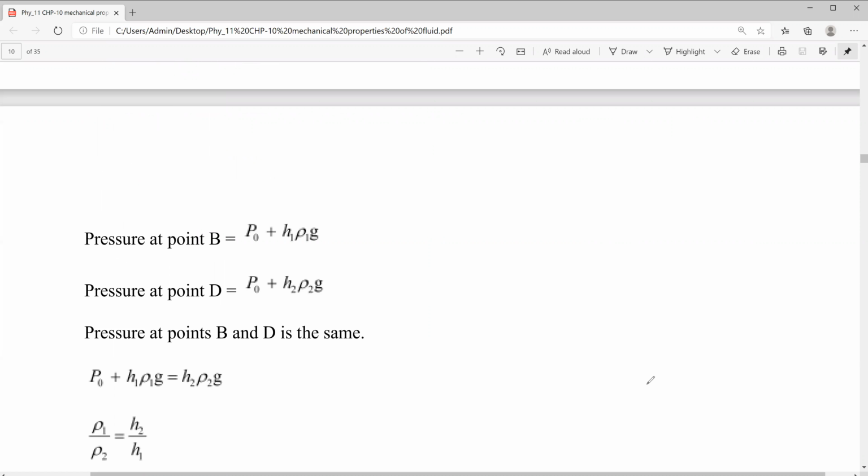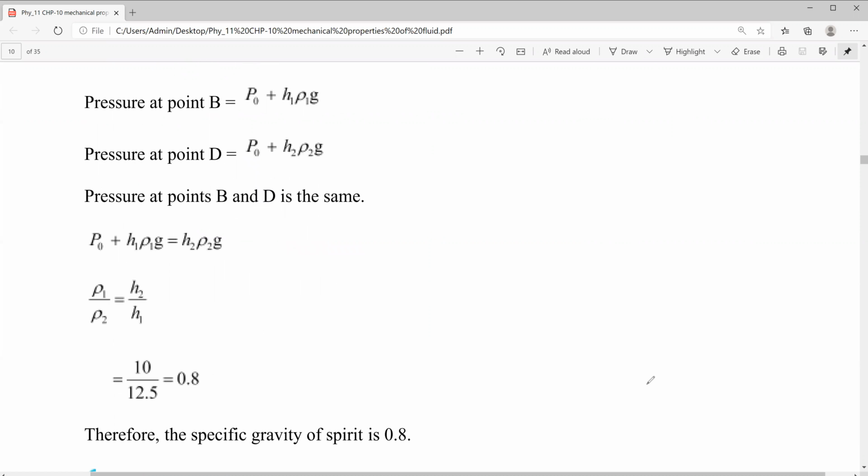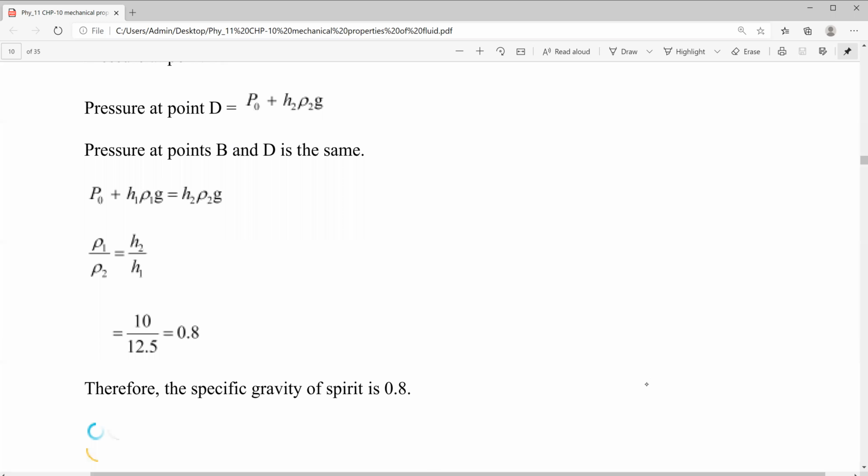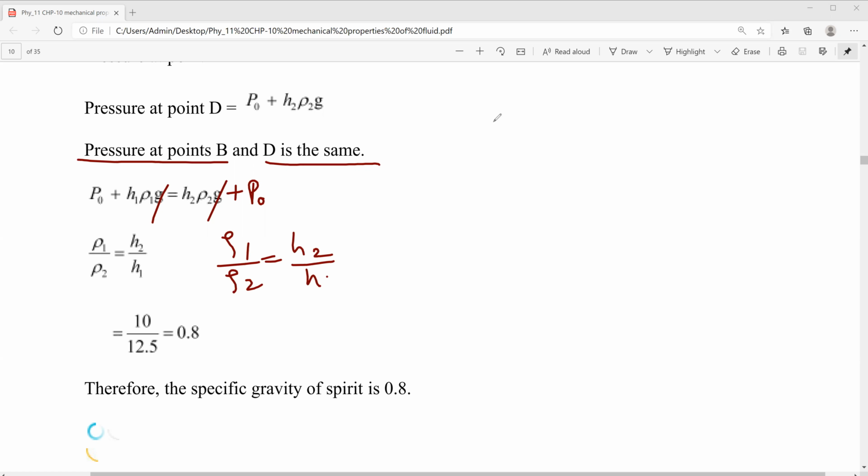Next, the pressure at B is given by the formula P0 + H1 ρ1 G. The pressure at point D is given by P0 + H2 ρ2 G. The pressure at points B and D is the same, so we equate them. Therefore, P0 + H1 ρ1 G = P0 + H2 ρ2 G. Here P0 is the same at both ends, and G is the same, so they cancel. We get ρ1/ρ2 = H2/H1, and we need to find this.